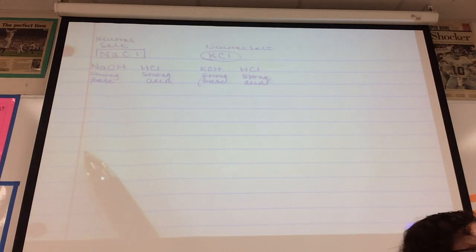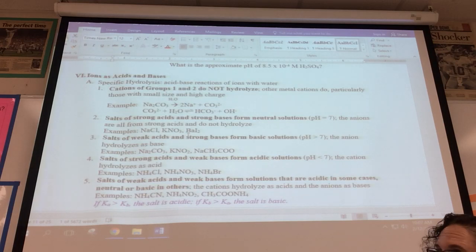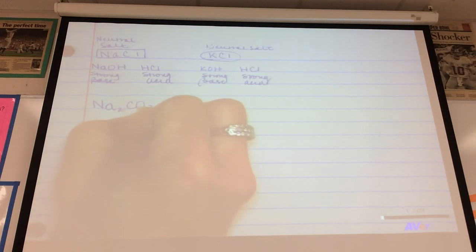The first thing we want to understand is that cations of group 1 and group 2 do not hydrolyze, whereas other metal cations do. So for example, and this is going to fall into a different category, if you had sodium carbonate, what base generated this salt?